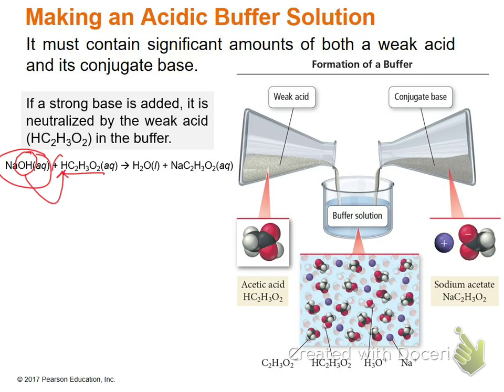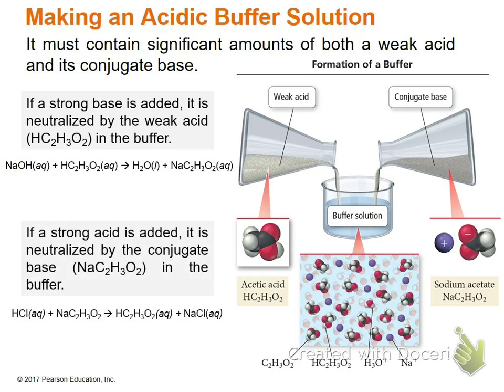This hydrogen and the hydroxide will form water, and then we have the sodium and the acetate ion forming sodium acetate. This is how buffer solutions, or at least acidic buffer solutions, neutralize added base.